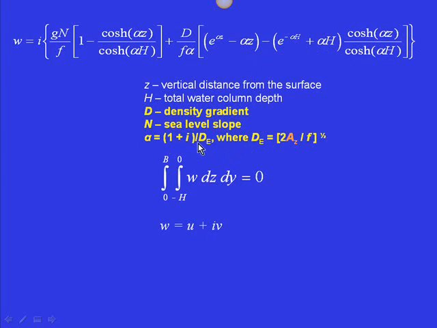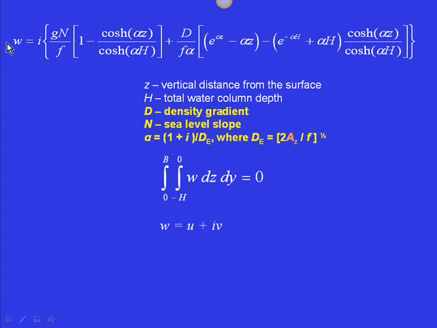It's the inverse of the Ekman layer depth. The Ekman layer depth is the square root of twice the eddy viscosity divided by the Coriolis parameter. So you can use this relationship in MATLAB, and prescribe a density gradient, a sea level slope, and an alpha, or in other words, an eddy viscosity for any given latitude.